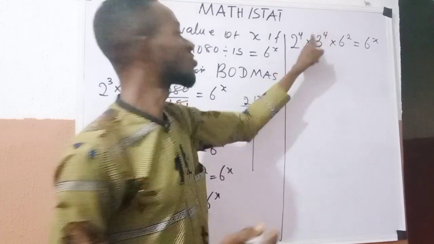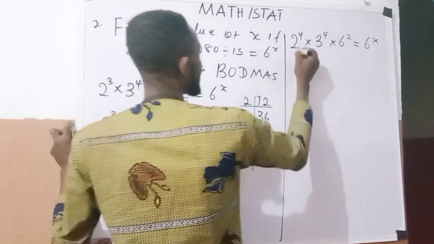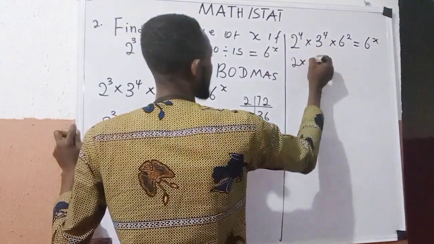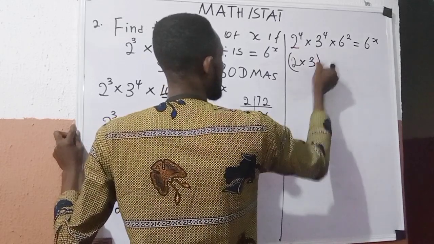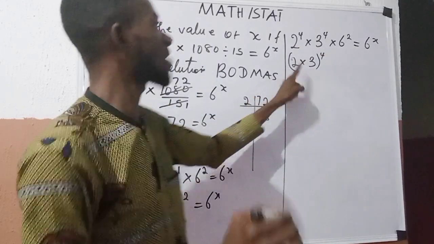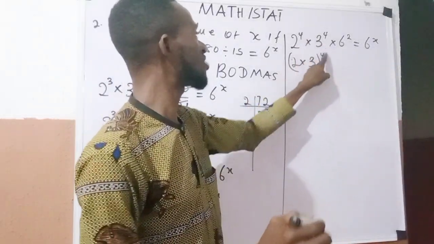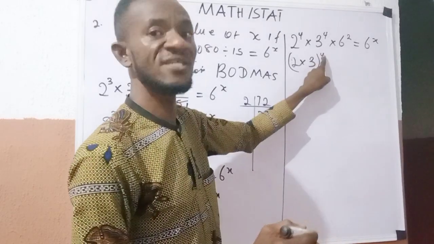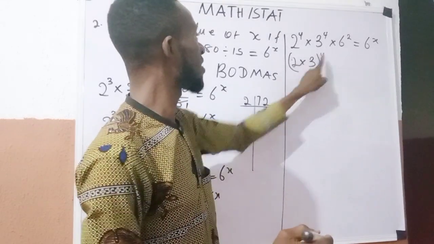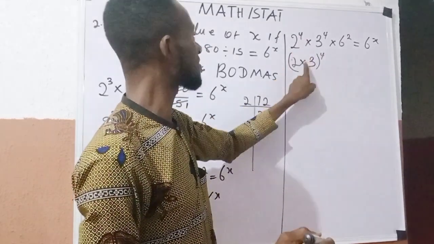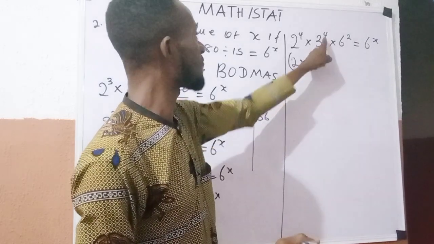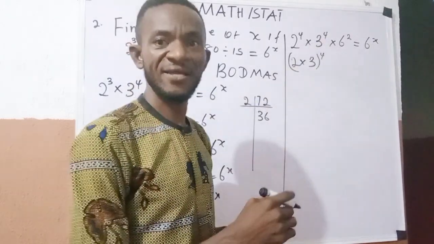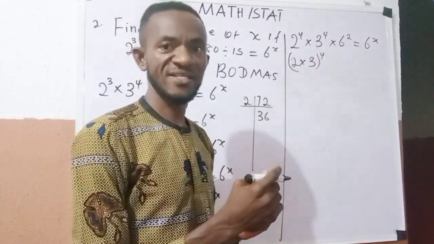They are the same, so you can equally say that this is the same as 2 times 3, all raised to power 4. Because if you want to come back here, these 2 shares in this, 3 shares in this. You can quickly say 2 raised to power 4 is here, your sign is multiplication, 3 raised to power 4 is here, then you are back here. So this and this are perfectly the same thing.